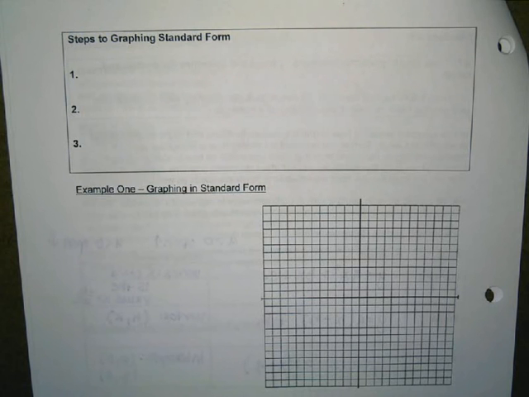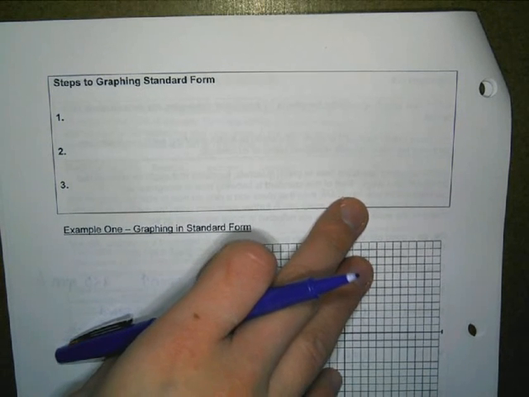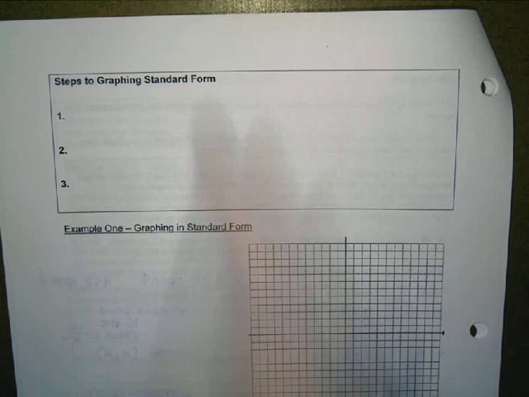So for standard form, there's a certain way we graph, and another way that we graph when it's in vertex form. It's not to make it confusing or add more steps and more things you have to remember. It usually cuts down on the work so you don't have to FOIL stuff out and make a table of values every single time. And we do practice them enough that you're comfortable with all three. Okay, so graphing standard form.